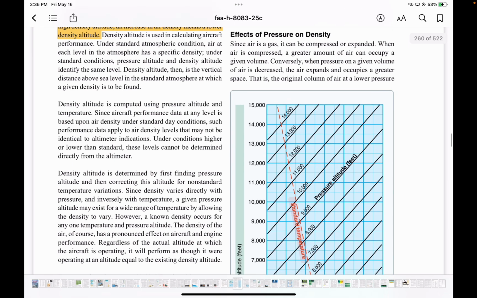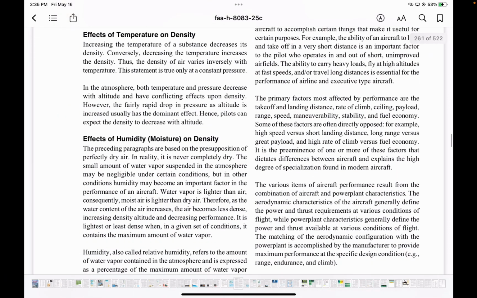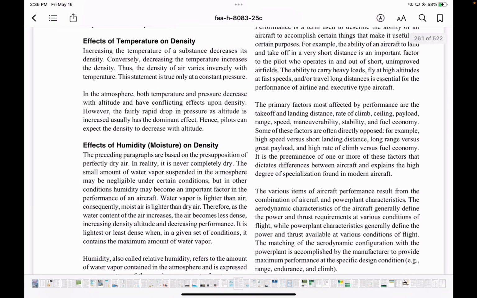Okay, we're going to go over effects on density. So how does temperature affect density? Higher temperature means lower density. Lower density means higher density altitude. Higher density altitude means lower performance.